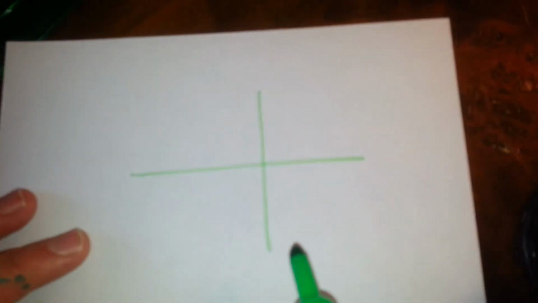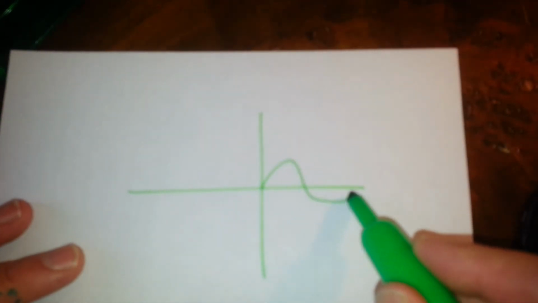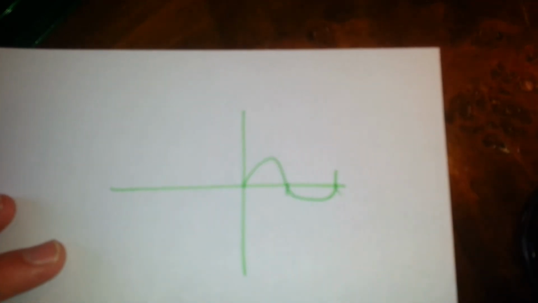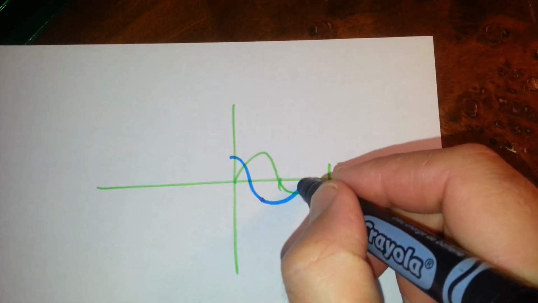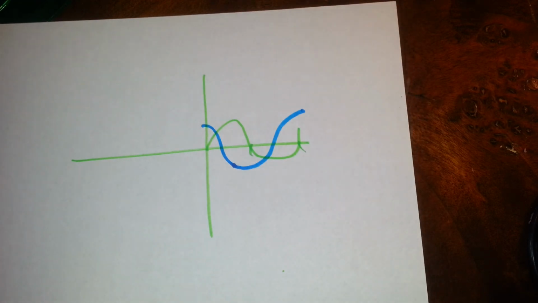One final thing, I can't remember if I mentioned this in the last video or not. Here's a sine graph, and here's a cosine graph. Okay?